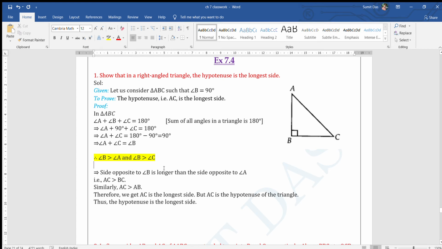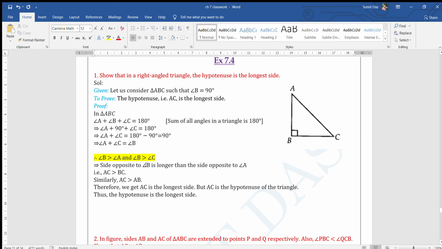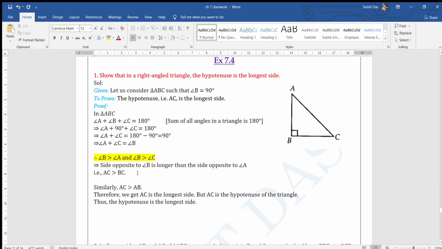So what can we write? The side opposite to angle B is longer than the side opposite to angle A. Therefore, we can write AC greater than BC. AC means this side, which is opposite to angle B, and BC is opposite to angle A. So AC is greater than BC by Theorem 7.6.